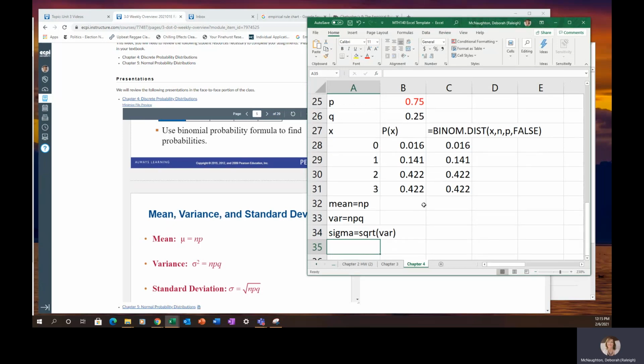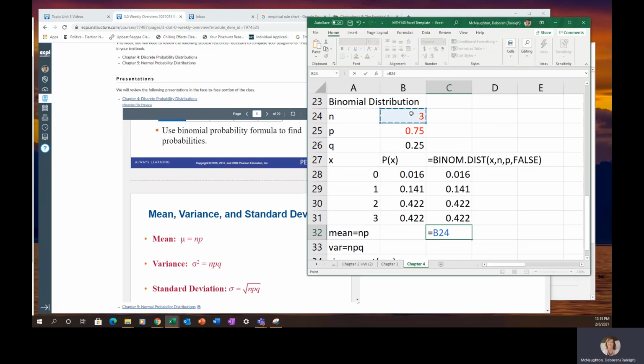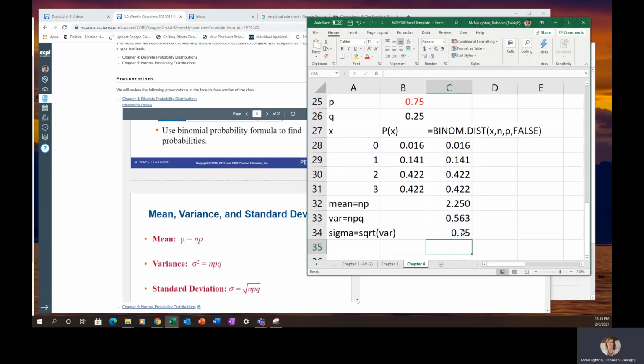Okay, so to get the mean, we go equals N times P. To get the variance, we go equals N times P times Q. And to get the standard deviation, we do equals square root of the variance.